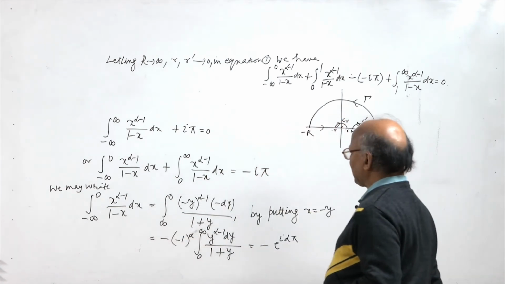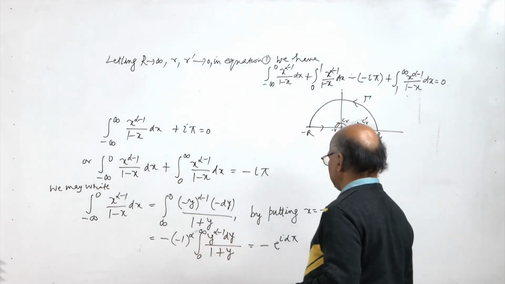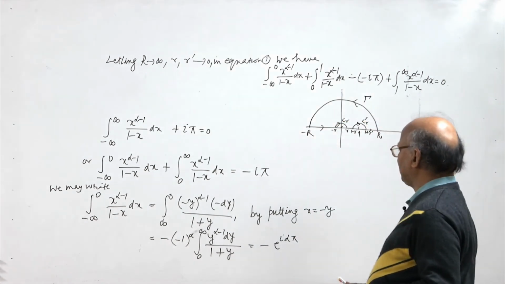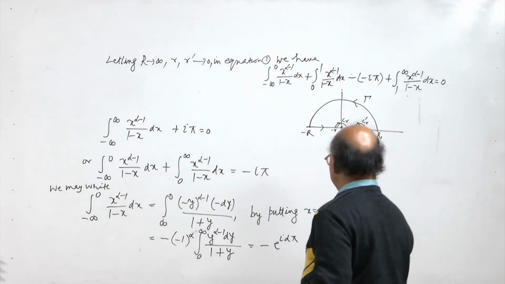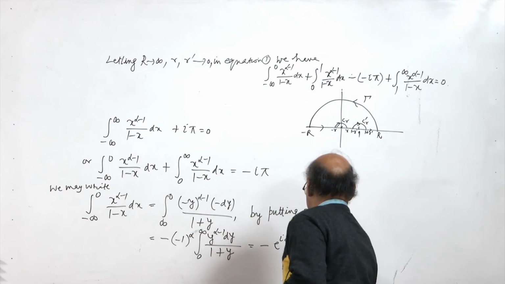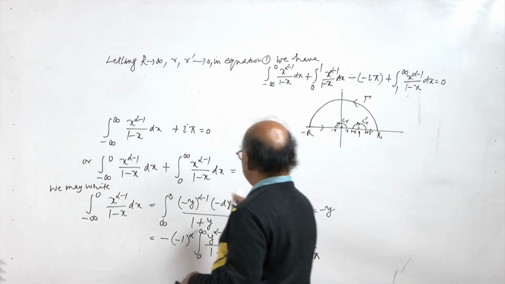We know that e to the power I pi is minus 1. So, minus 1 to the power alpha we can write as e to the power I alpha pi, and integral 0 to infinity of y to the power alpha minus 1 dy over 1 plus y, we know the value of this: pi over sin alpha pi. So, let us put this value here.